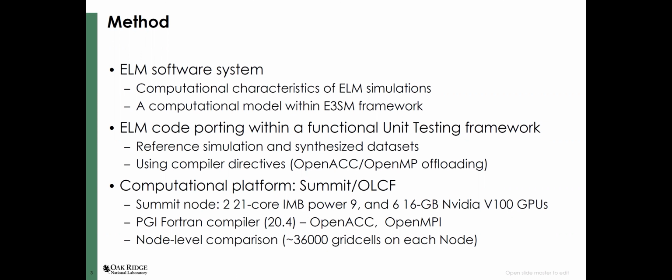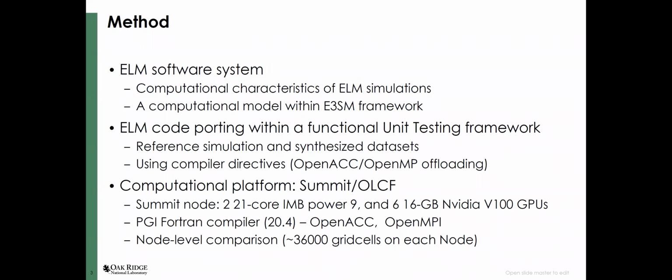The method we're using is actually developed by ourselves. We're developing a functional unit testing framework, and then we put the code inside the functional unit framework, run it first on the CPU, and then offload it to the GPU.